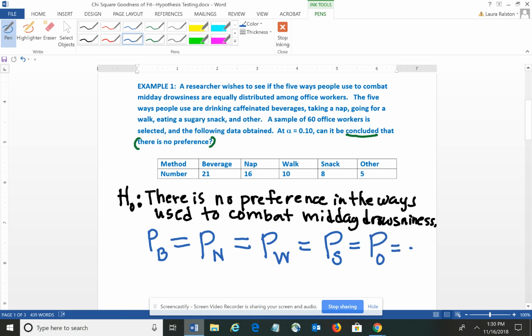And then you have to think about what that proportion value is going to be. And in this case, it's 1 out of 5. The formula for figuring the proportion is always 1 over the number of categories. In this case, I had 5 options, so it's 1 out of 5, or 20%.